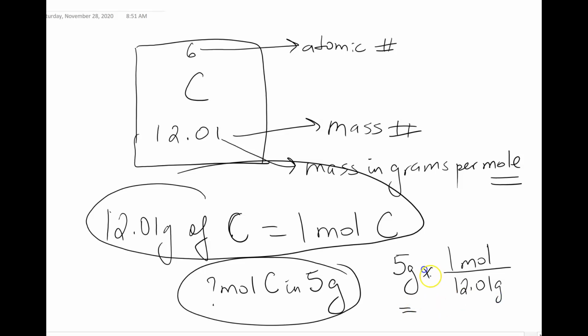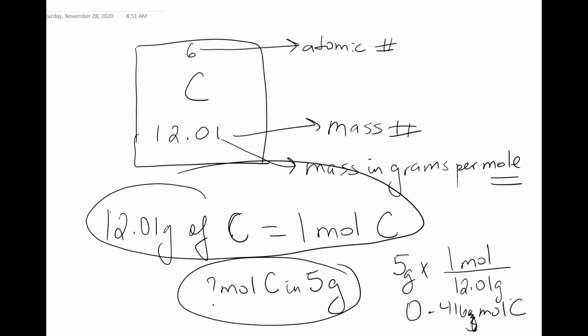All you do is divide the 5 by 12, and that's going to give you moles of carbon. So we need to understand grams and moles. We're not going to do a whole bunch of those, but we're going to use that concept to do the mass percentages of a compound.